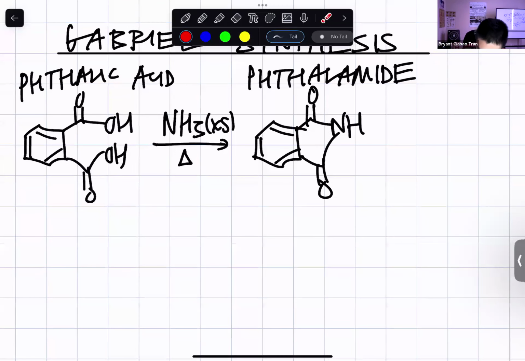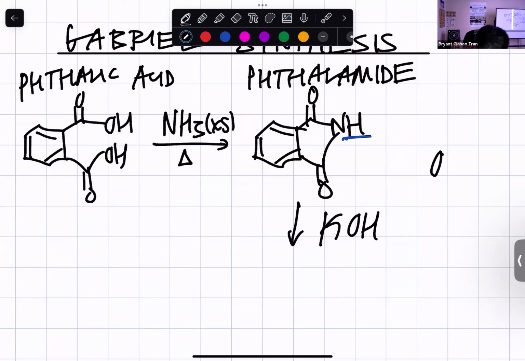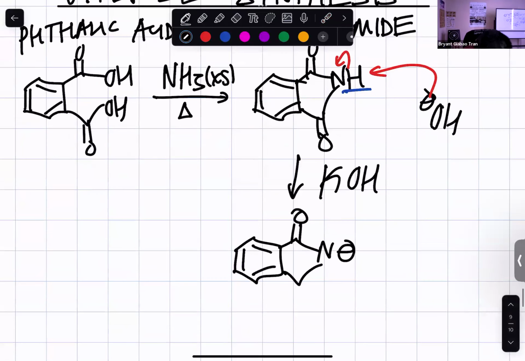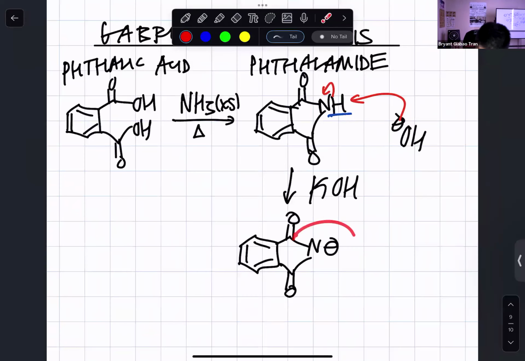Right. Once you have this phthalimide, this hydrogen here is acidic. So when we introduce some kind of base to it, like KOH, the OH minus is going to deprotonate the nitrogen to give us this negatively charged nitrogen here. Right. This is going to be a good nucleophile.